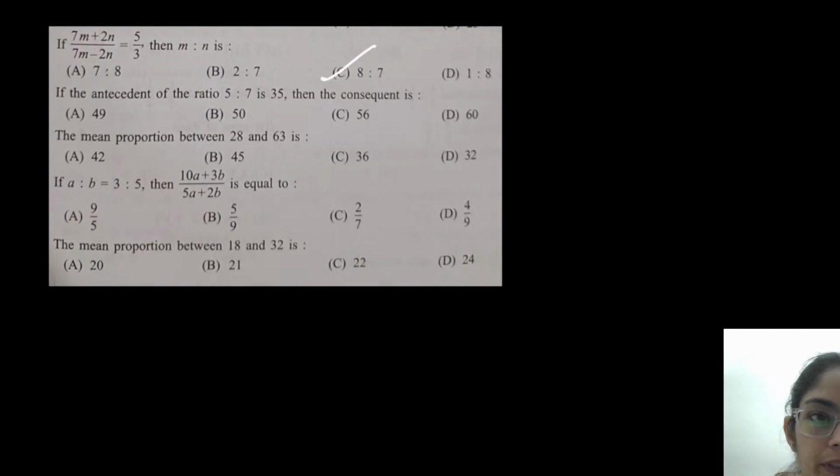So next question, the antecedent of the ratio. See, whenever a ratio is there, so ratio is there, 5 is to 7. The antecedent is the numerator term, and the consequent we have to find.